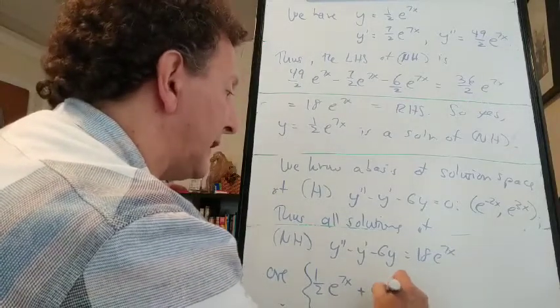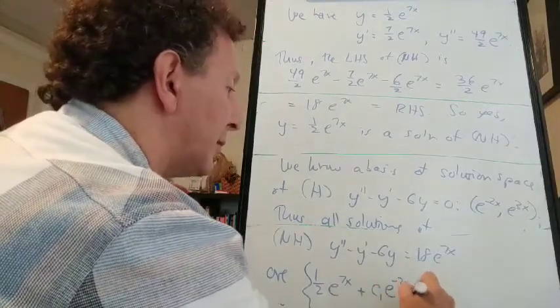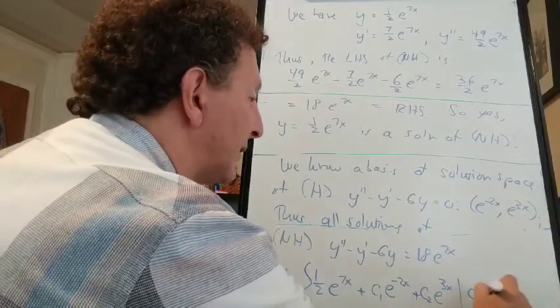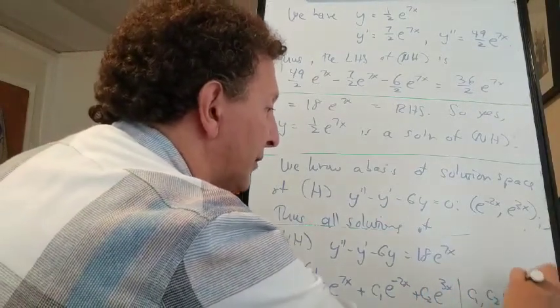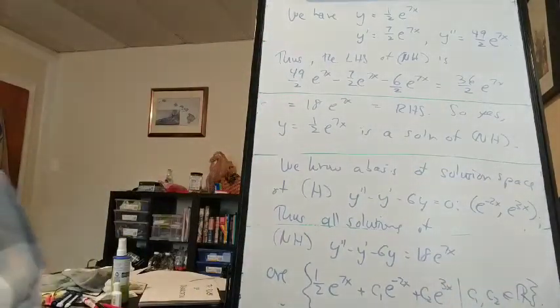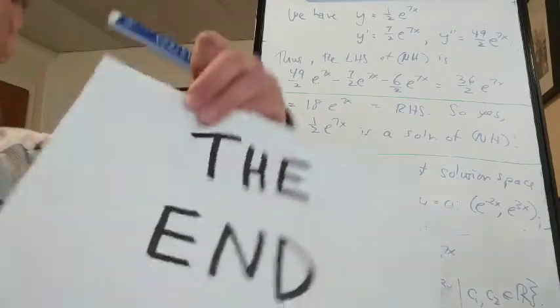So c1 e to the negative 2x plus c2 e to the 3x, where c1 and c2 are real numbers. The end.